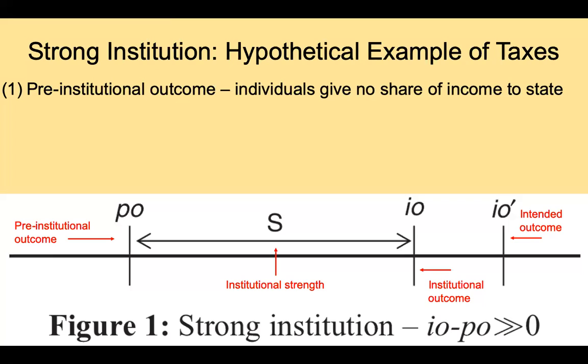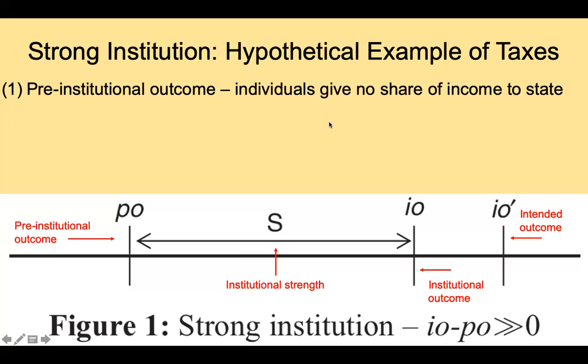So this is our pre-institutional outcome: individuals give no share of their income to the state, at least not because there's a rule that says they have to. Now, our next question is, what is the intended outcome? If we are creating a tax regime or a tax policy for the purpose of changing behavior or expectations, what outcome do we intend to produce?